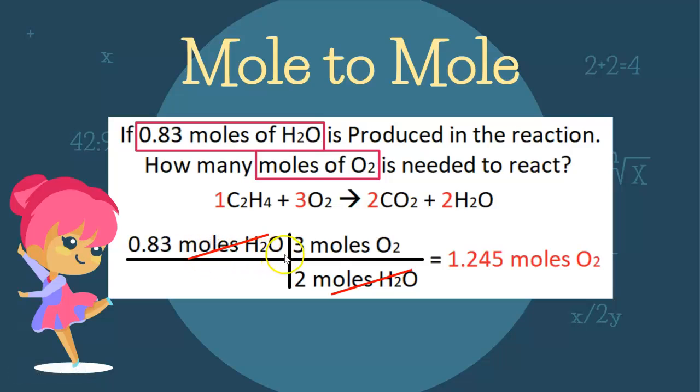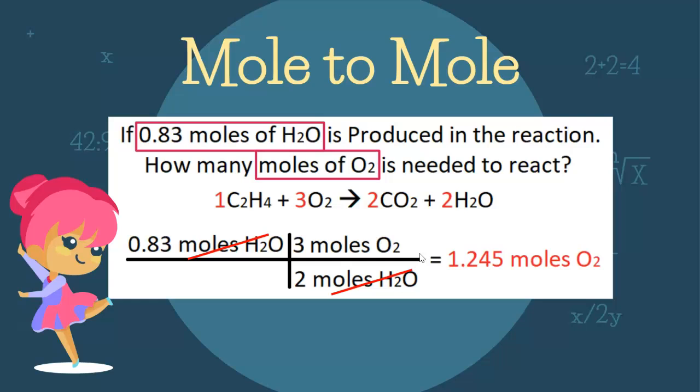If you have moles of H2O on top, you want moles of H2O next to the bottom. How many moles of H2O? We look at our coefficient. Our coefficient is 2, so 2 moles of H2O for every 3 moles of O2, because that's the mole ratio of H2O to O2. Moles of O2 is what we were looking for, so we can stop.